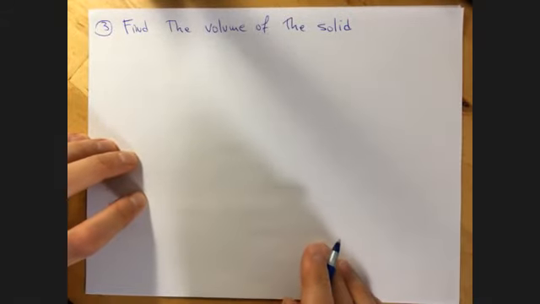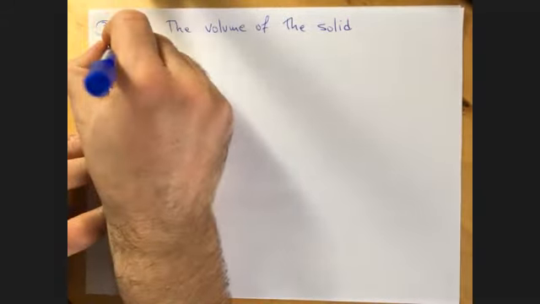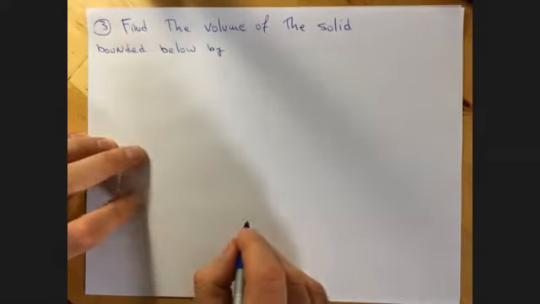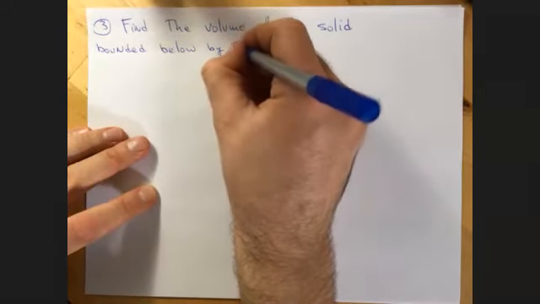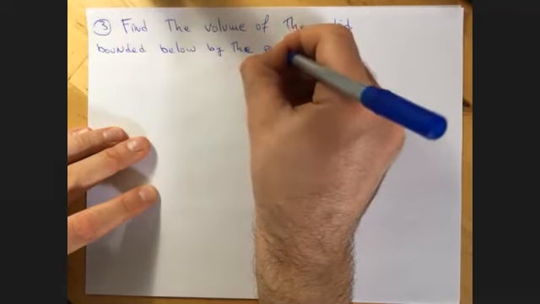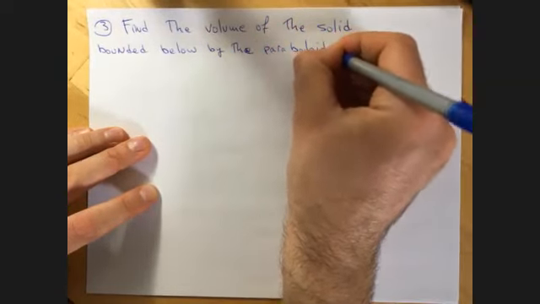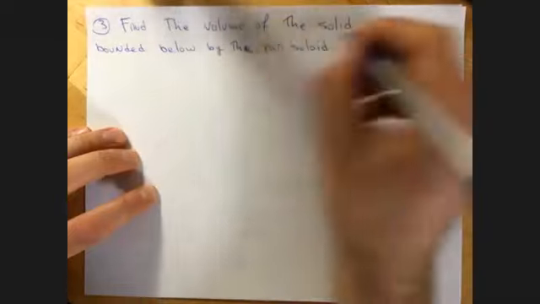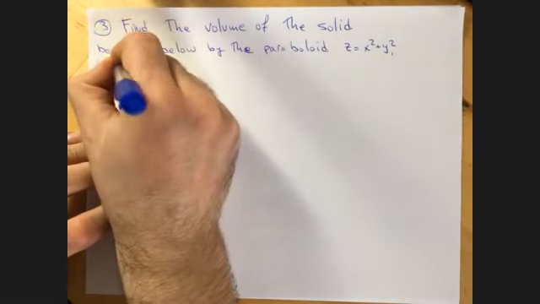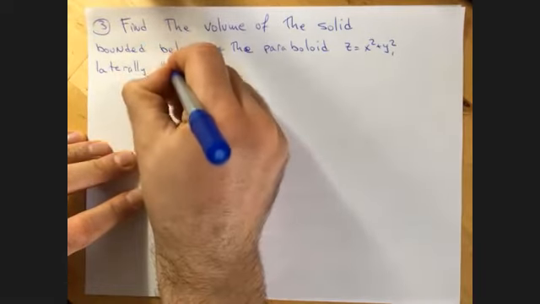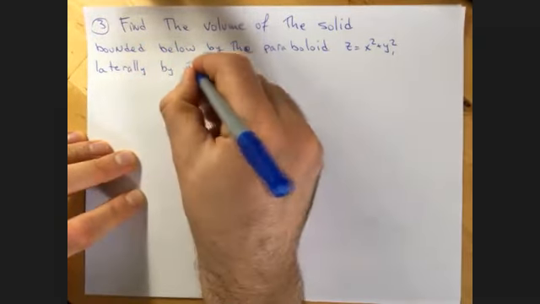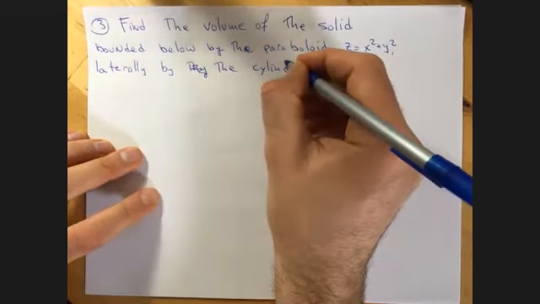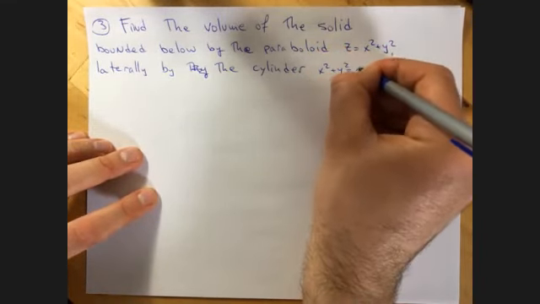Find the volume of the solid bounded below by the paraboloid z is equal to x squared plus y squared, laterally by the cylinder x squared plus y squared is equal to 1.